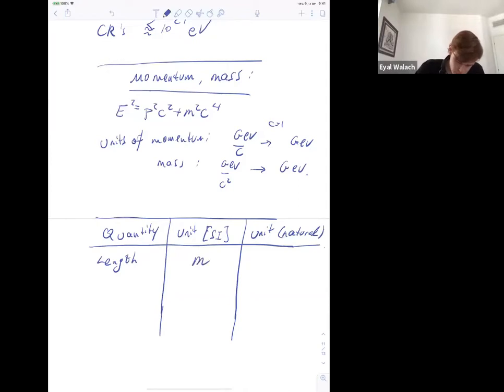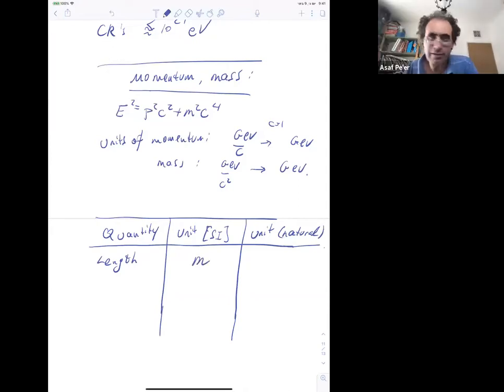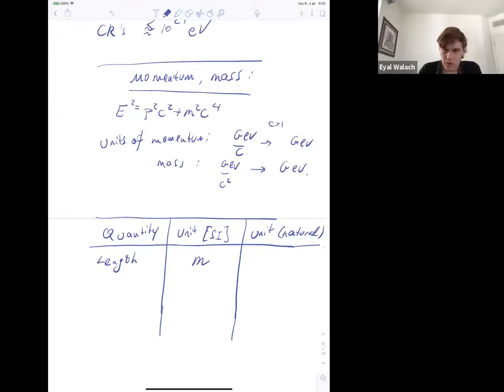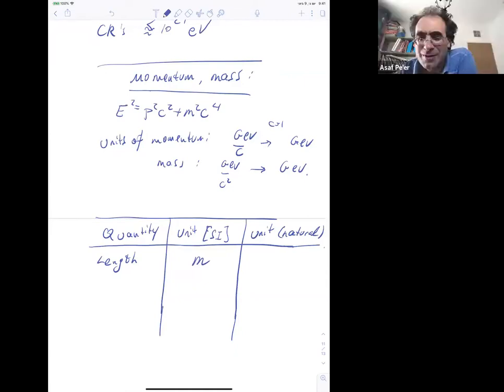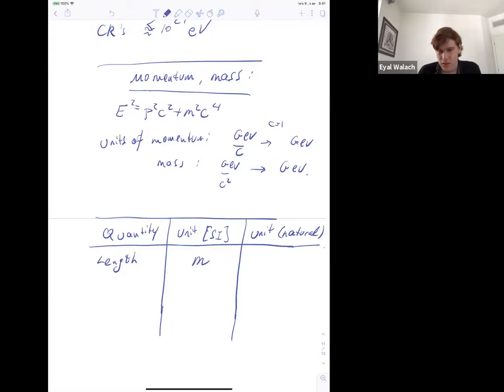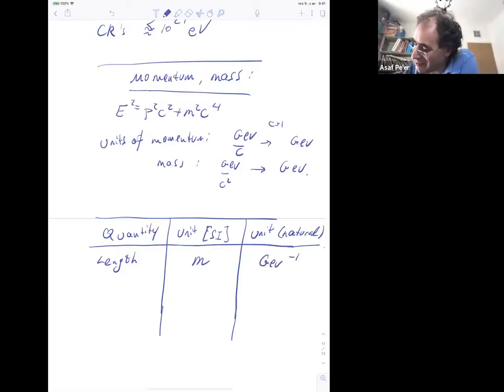And the natural unit for length? I said it 10 minutes ago. Femtometers? No, it's not fundamental. What is the natural unit for length? Oh, inverse energy. Right. GeV minus 1.